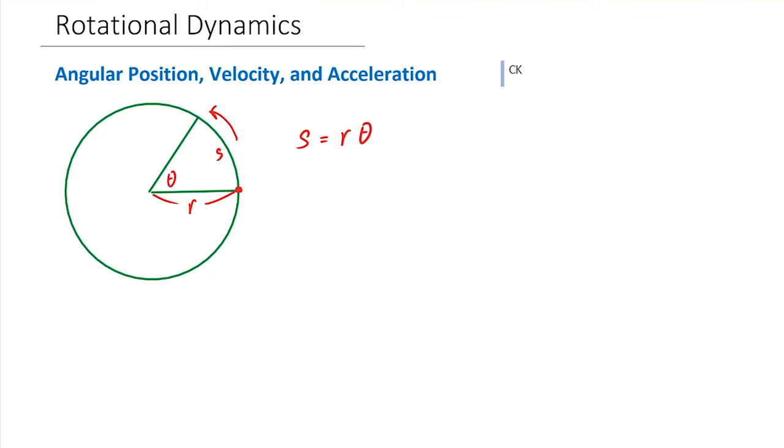So far, so good. Now, what happens if we take a derivative on both sides? Here's S, and here's R theta, and we're taking a derivative with respect to t.